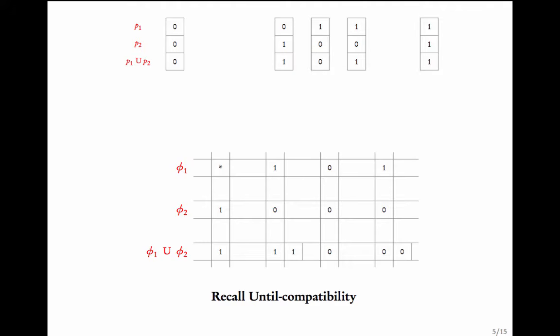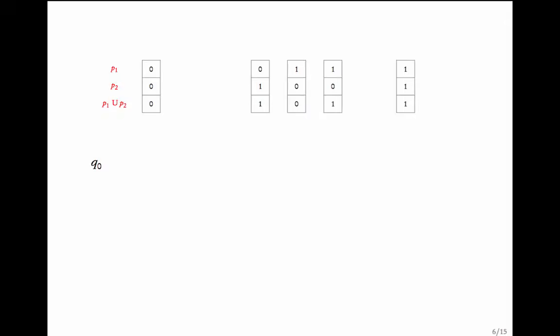You can go back and check the expansion of P1 until P2, the example that we had given. Every column would be one of these. These are called compatible states. We will be constructing an automaton using states given by these columns.